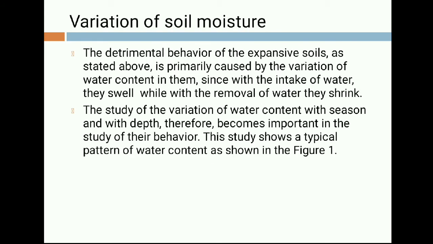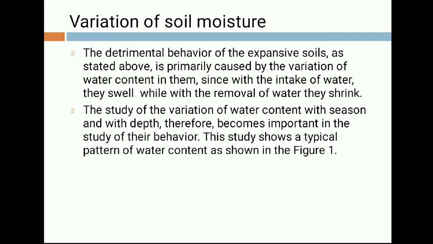Now, which are the different reasons for the variation of soil moisture in case of black cotton soil or any kind of area which is experiencing more variation of water content? The detrimental behavior of the expansive soil, as stated above, is primarily caused by the variation of water content in them, since with the intake of water they swell, while with the removal of water they shrink.